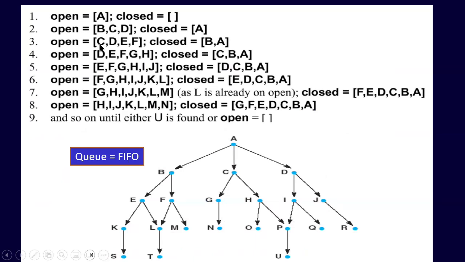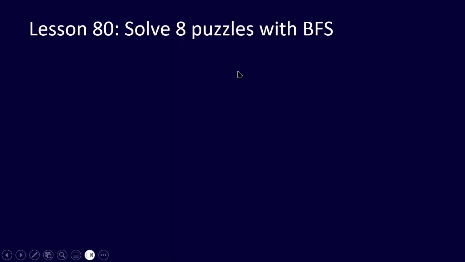Then pop the first element, C, and put its children, G and H, at the end of the open list, put C in the closed list, and pop the top element from there, and likewise.